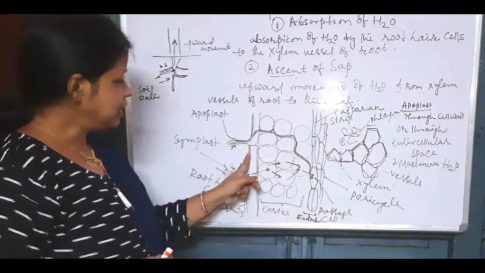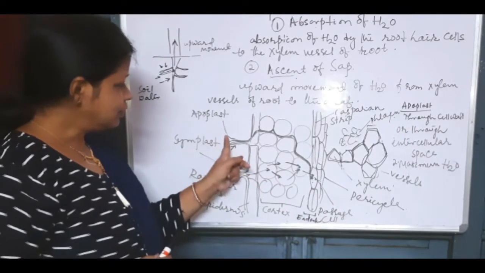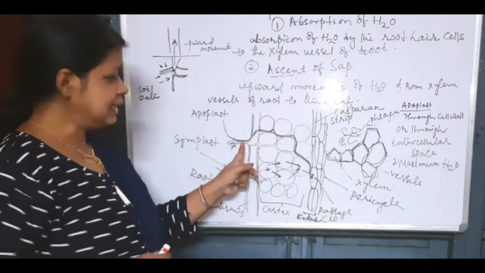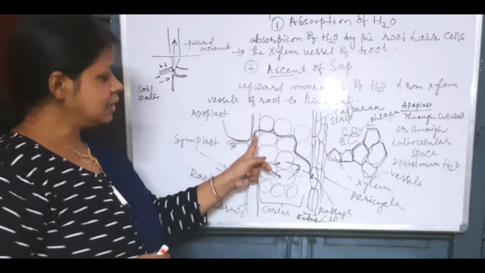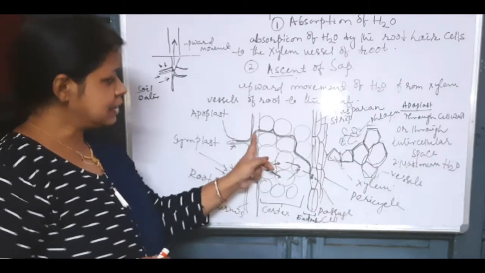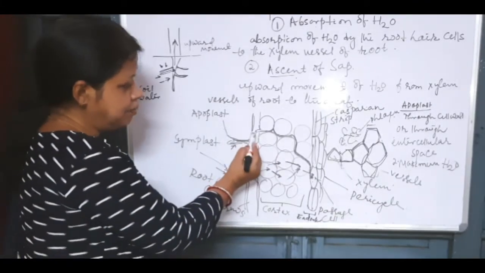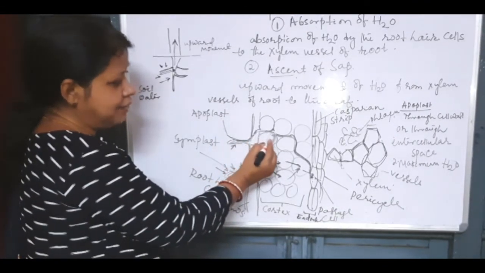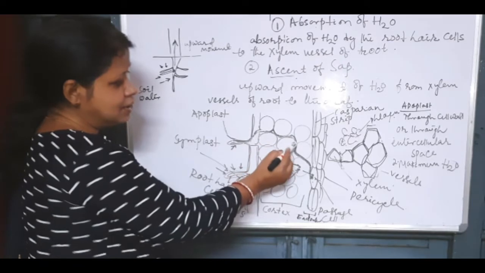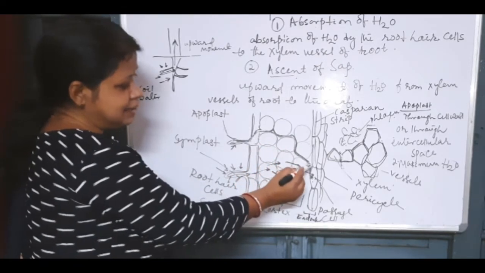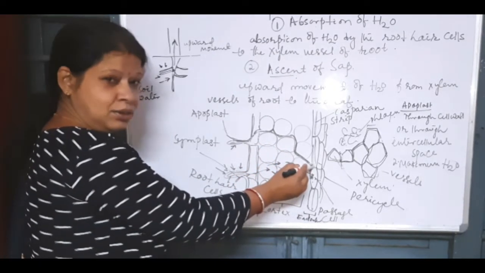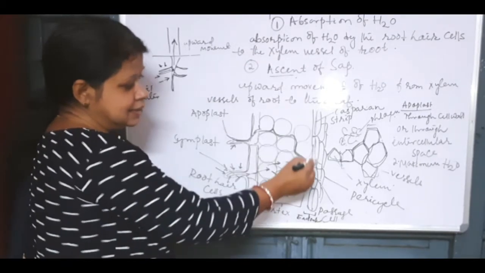In the epidermal zone, the water first enters the root hair cells, then the epidermis, and from the cortex the water moves through the cell wall and through the intercellular space.